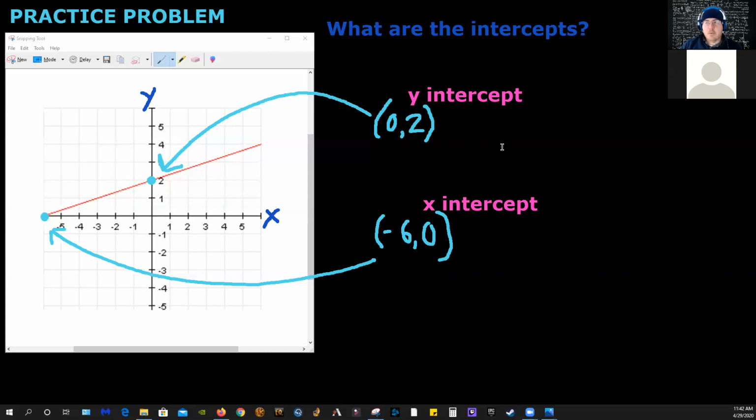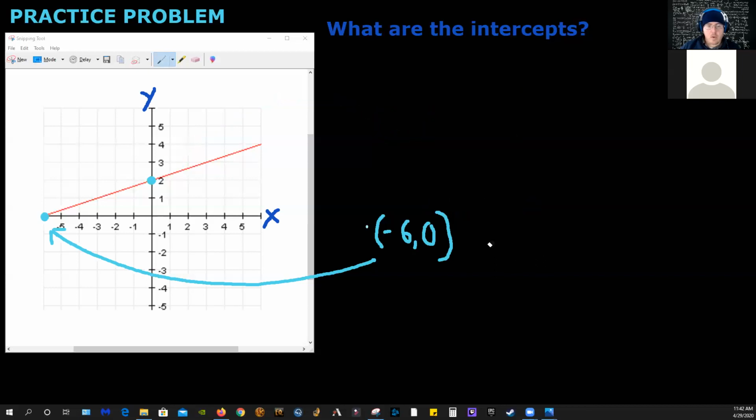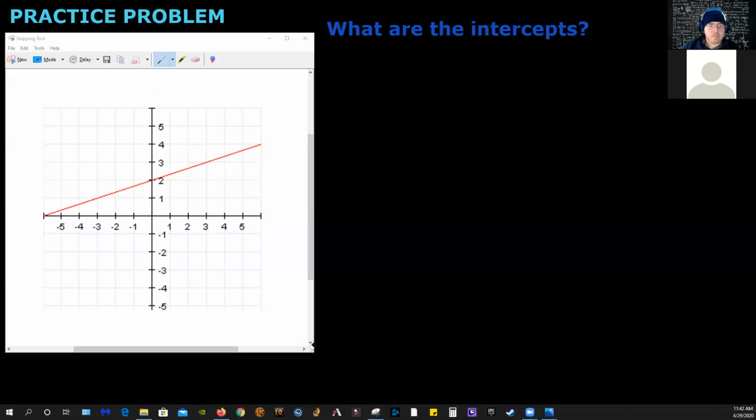So this is the first most basic kind of question. You'll have one of these for assignment 8 here in a little bit. It's just identifying the intercepts from a graph. So if we were to try another one, let's see if we can get it right in chat without any help.